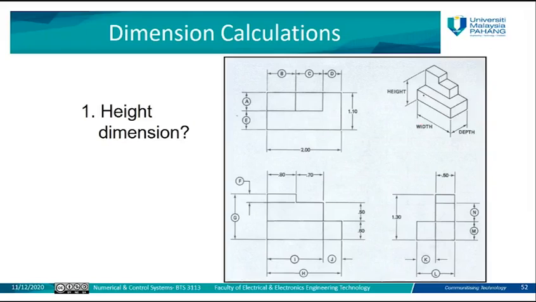You may find the width from the top view. You may also find the depth from the right side view. If not in the right side view, you can find it from the top, or from the front side view. So it depends on how these dimensions are represented in the figure.